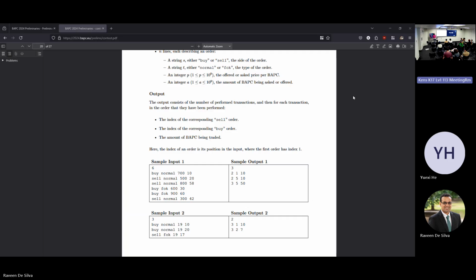We're happy to pay for both of them, so we buy 10 from the second order, and we buy 50 from the third order, and that's the last two lines of output, the two next transactions that happen between order 2 the seller and order 5 the buyer, order 3 the seller and order 5 the buyer for 10 and 50 shares respectively.